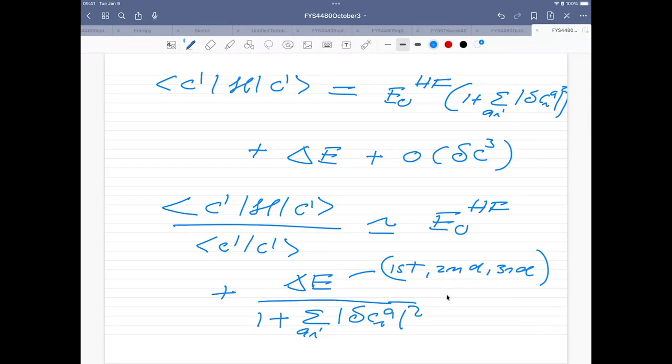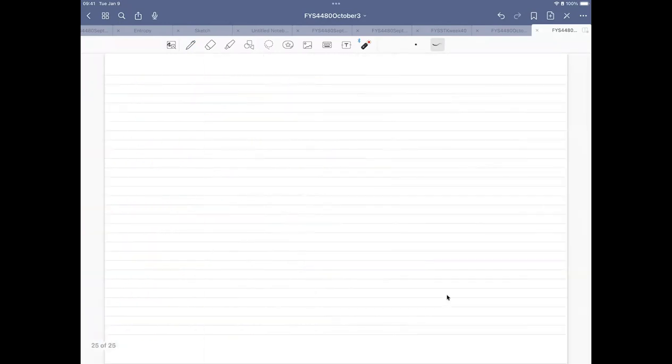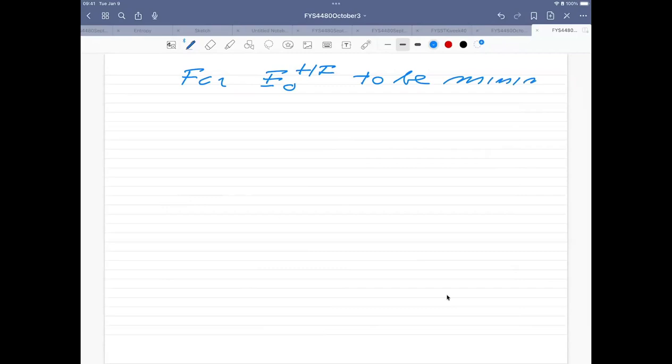But you see now for this one to be the ansatz for the best possible ground state, delta E has to be larger than or equal to 0. So for delta E to be a minimum, for E0 to be a minimum, we need that delta E is larger or equal to 0.